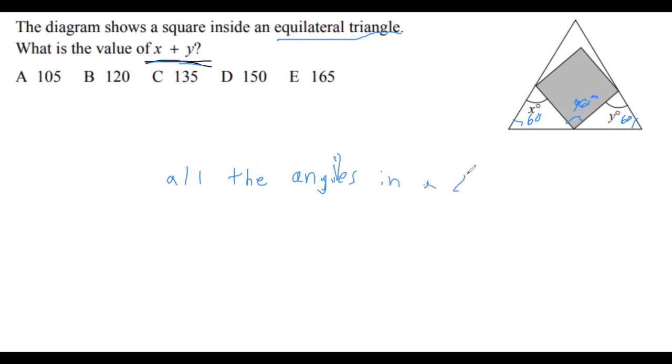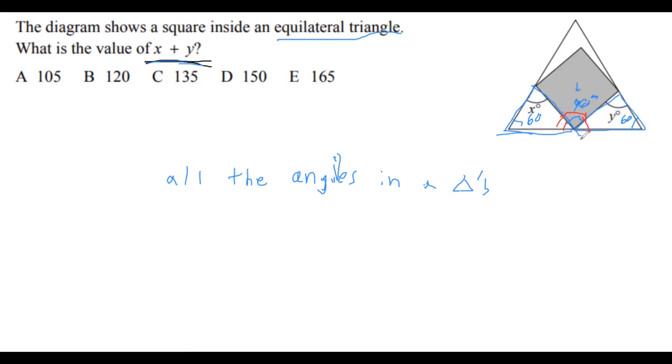Does this help us? Well, we need to find a way to incorporate x and y. They're part of different triangles, right? But these triangles are related because of this 90-degree angle in the middle. Since this is a straight line at the bottom, every angle along this line adds up to 180 degrees, because a straight line is half of an entire circle, so 180 out of 360.